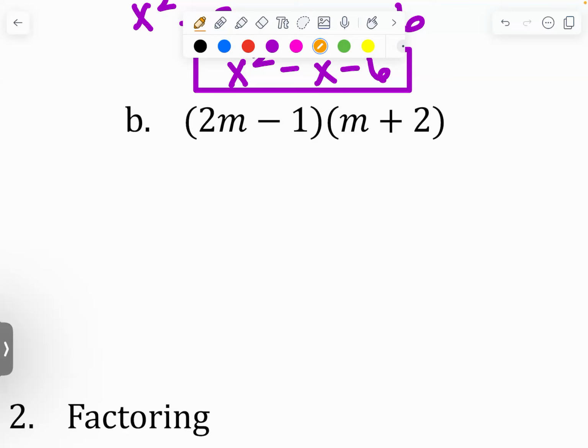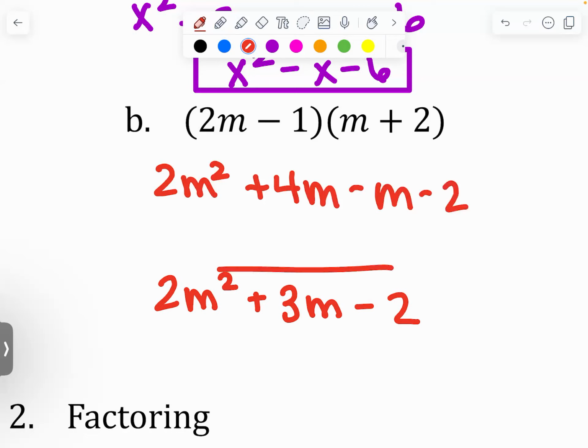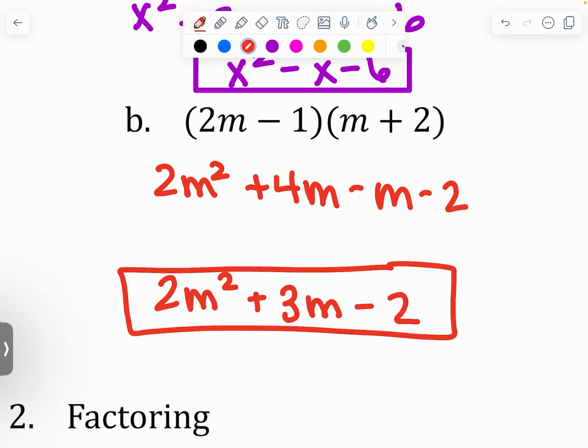All right, Sam, got it now? Plus 3m minus 2. All right, do you agree? Okay, good. I also agree.